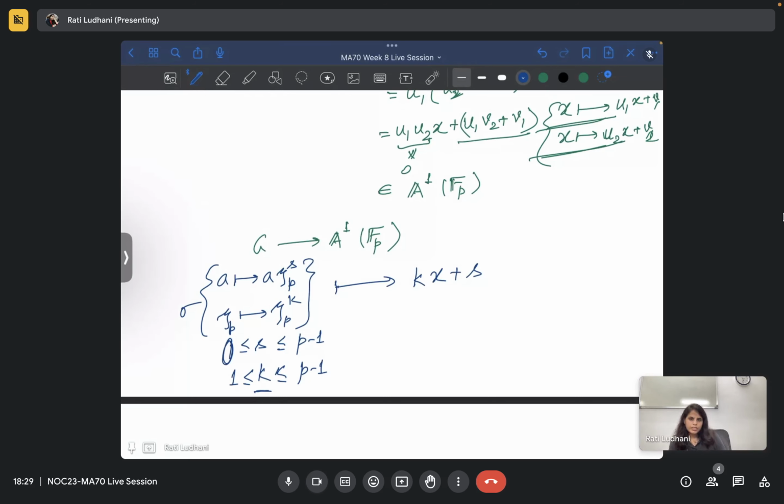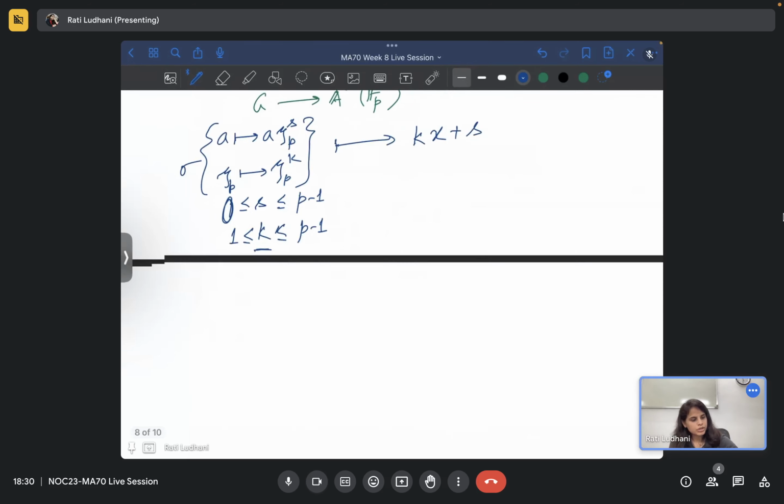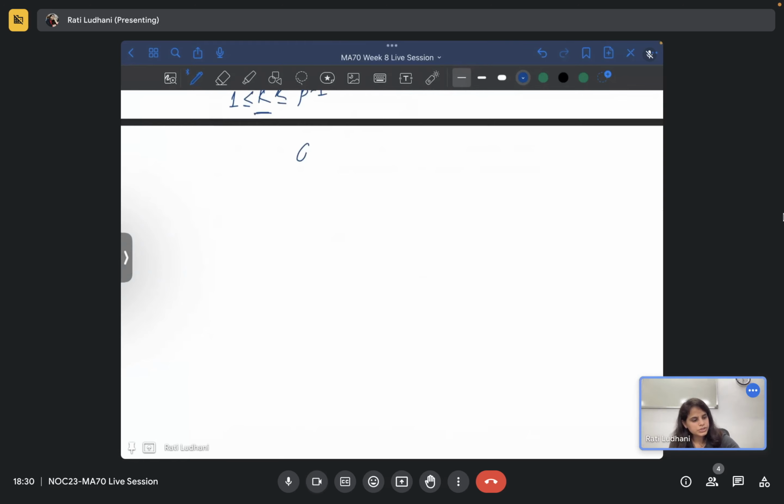Sigma sends the element a zeta p to kx plus s, which is an element of the affine group. But how does the body of the function look?